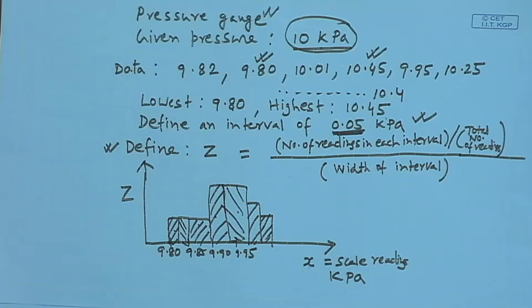Now, if I increase the number of readings to a large extent, theoretically speaking an infinite number of readings with an infinite number of significant digits, we can make the width of this interval, which was 0.05 in this example, as small as we want, and still expect a definite number of readings to fall in each interval.